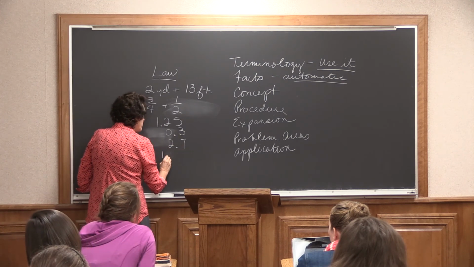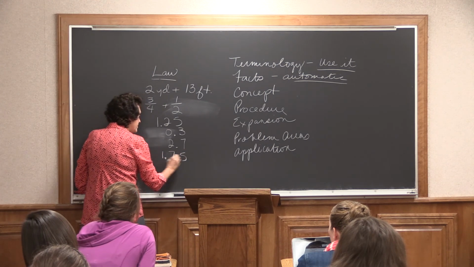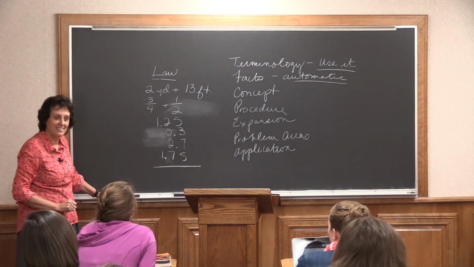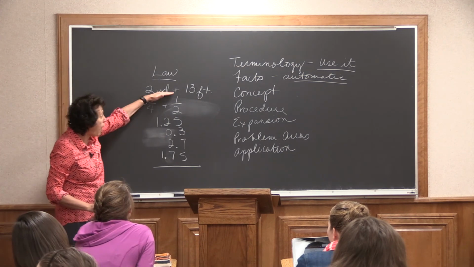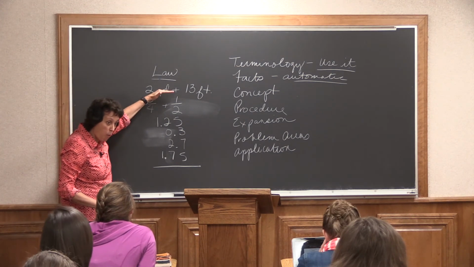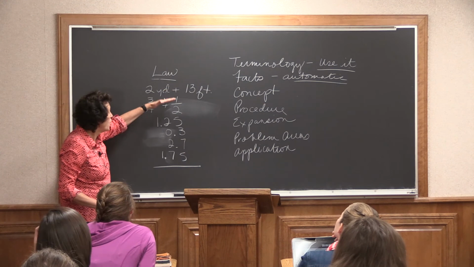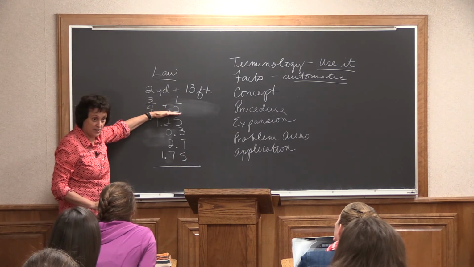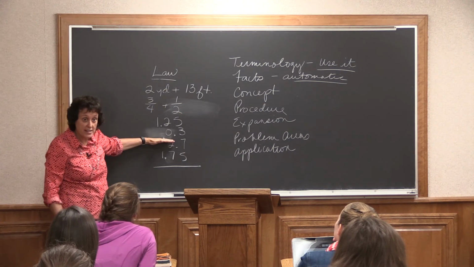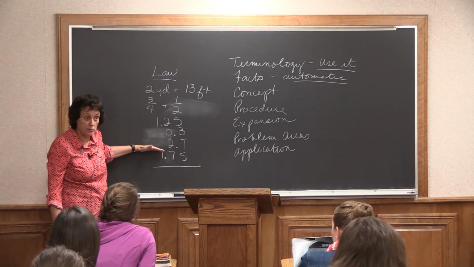Let's do 1.75. What's going to happen when you try to add that? Why? This is a concept. Why can you not do this? Why can you not add in this form? Why do you not set up your decimal addition this way?